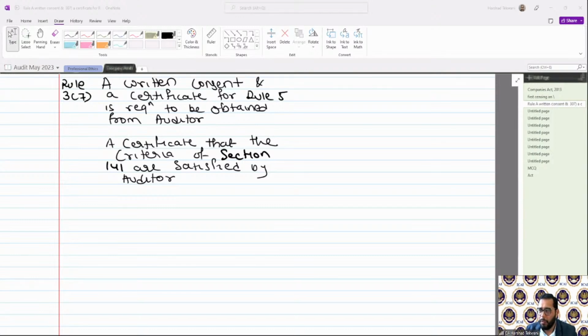I'll show you ADT-1, just a quick glance. I'll show you the form so that you can have an idea how ADT-1 looks and what it contains.